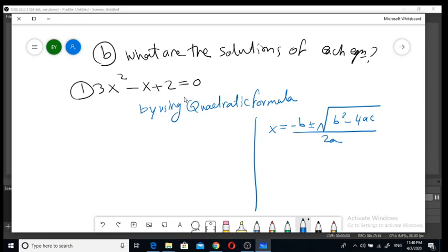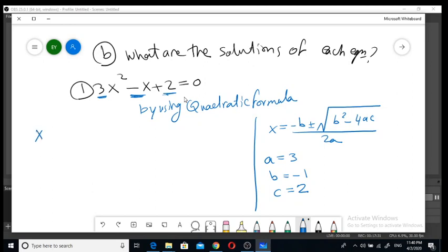So first we have to identify a and b and c. A, the coefficient of x squared, which is 3. B, the coefficient of x, negative 1. C is the constant, which is 2.